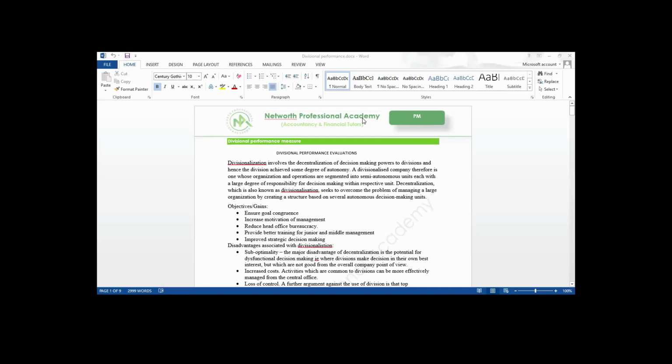If you place your mind to Dangote, we have Dangote Cement. Dangote Cement has its own divisional manager. That is the managing director of Dangote Cement. That is the overall head of that division. That division has its own staff. They prepare their own accounts.